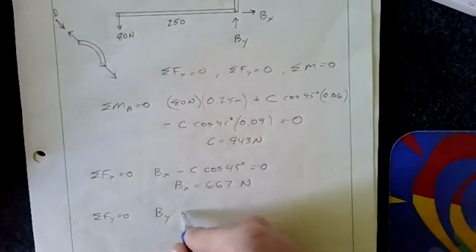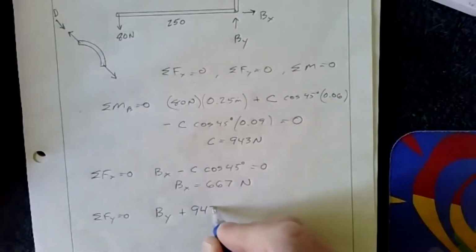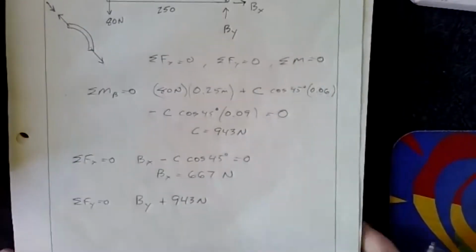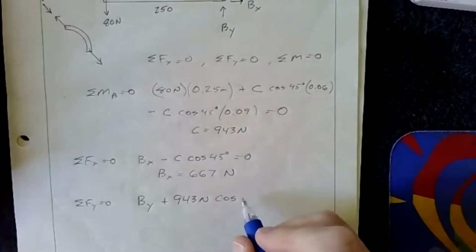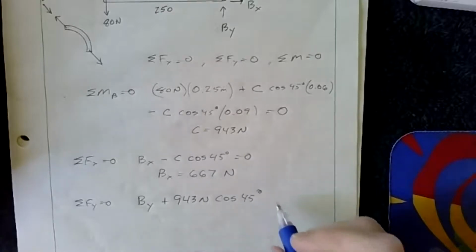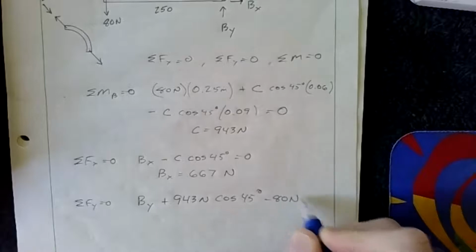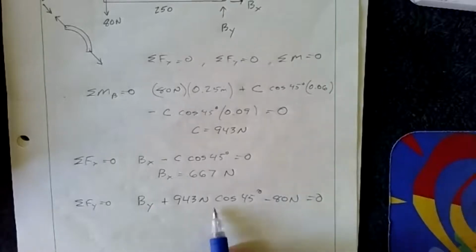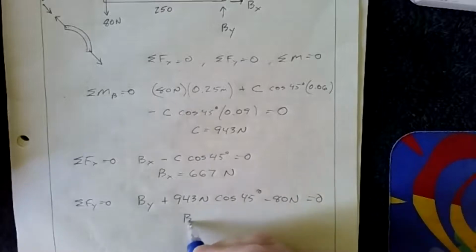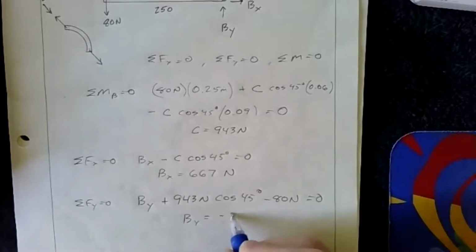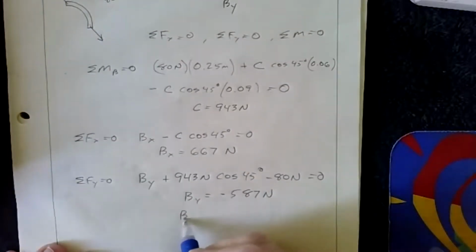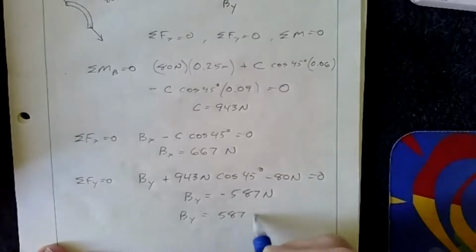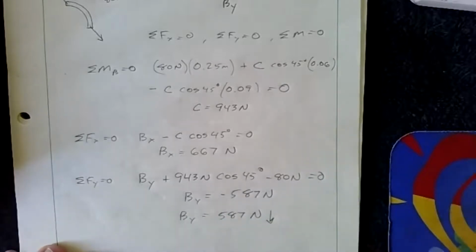So By plus 943 newtons cosine 45 degrees, and that's minus 80 equals 0. So I can see that's a much bigger number than that. So I'm going to get By equals a negative 587 newtons. And so By equals 587 newtons going down.